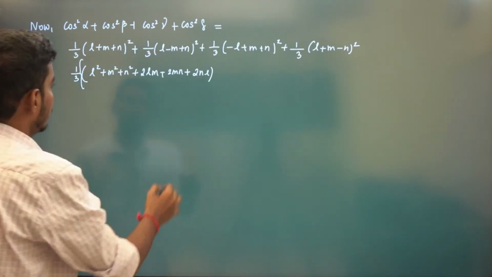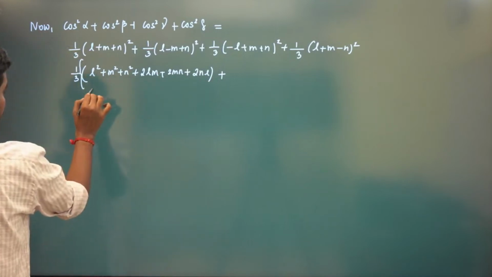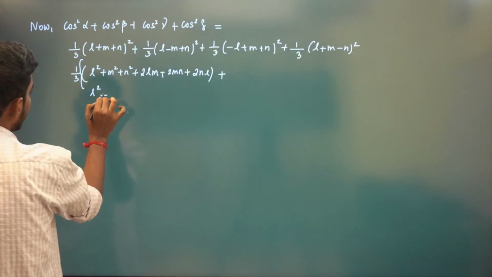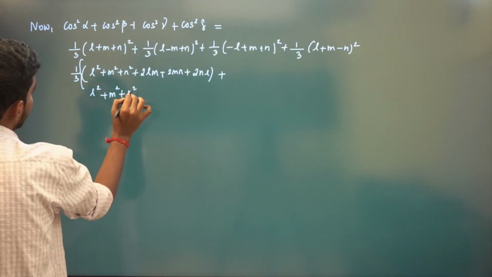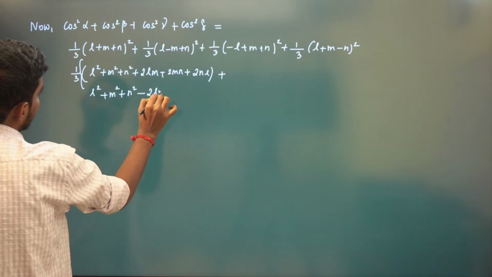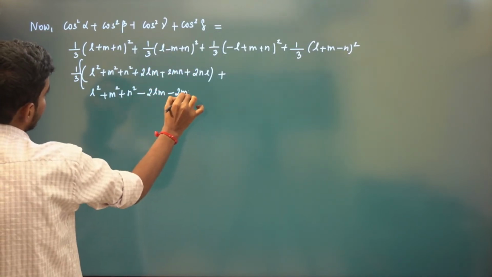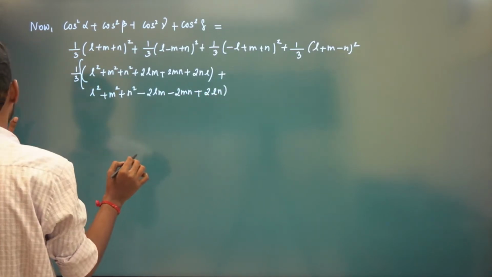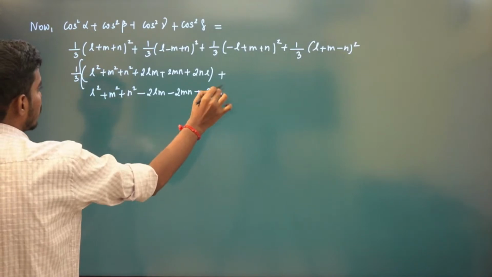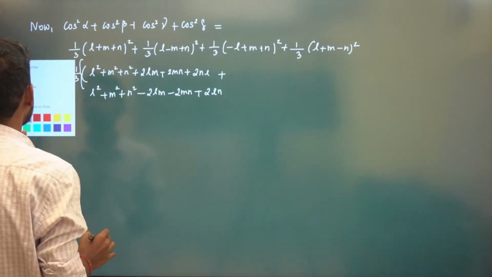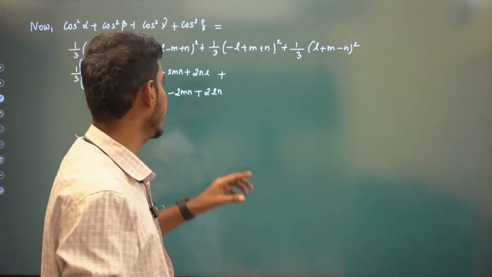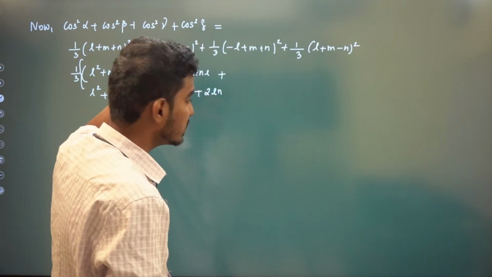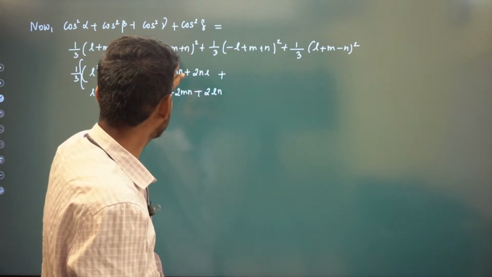Here we can see A is L, B is minus M. So it will be A square plus B square plus C square, minus 2LM minus 2MN plus 2LN. But here B is minus M, so 2AB, with A as L and B as minus M, will be minus 2LM.